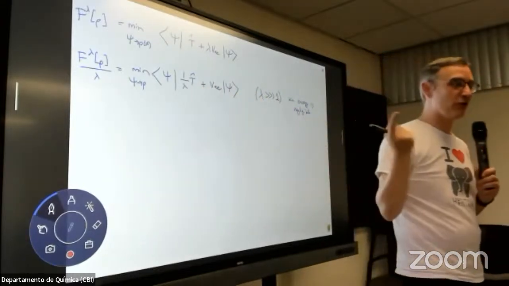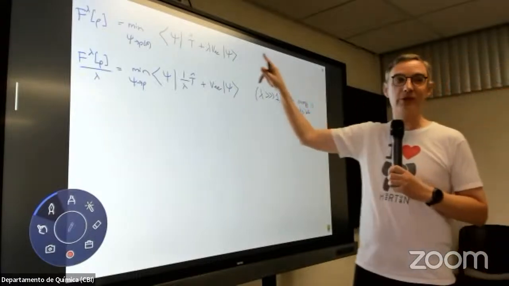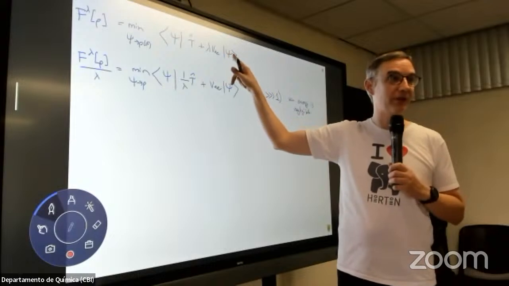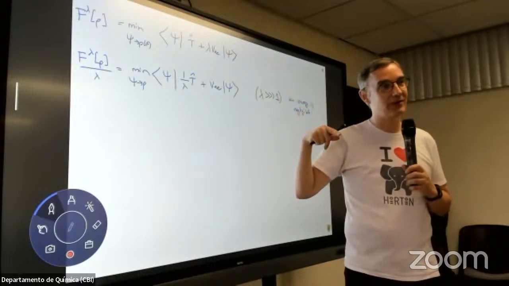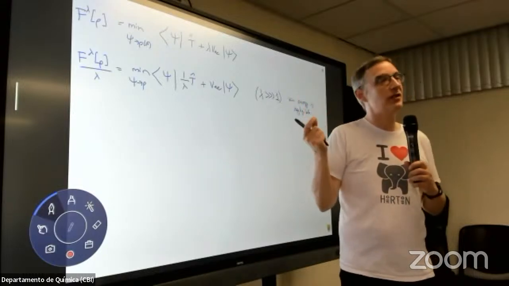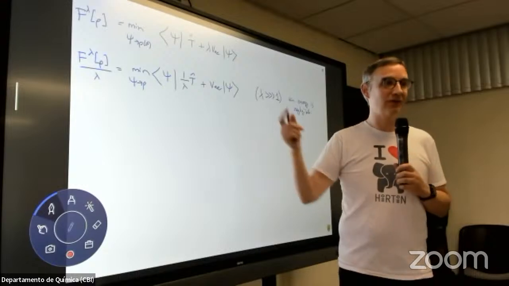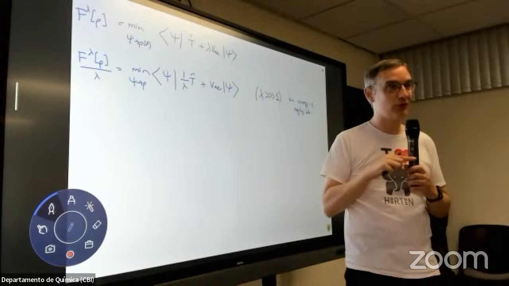Now, we've understood that in DFT for a long time. We talk about lambda going to infinity. It's the strongly correlated limit. It means the potential is much more important than the kinetic energy. But if the potential is really, really important, then you can ignore the kinetic energy, and that's what this is, just a formal way of saying. In this limit, we don't need to worry about kinetic energy. It's 0.